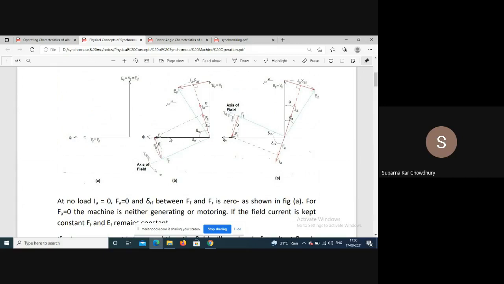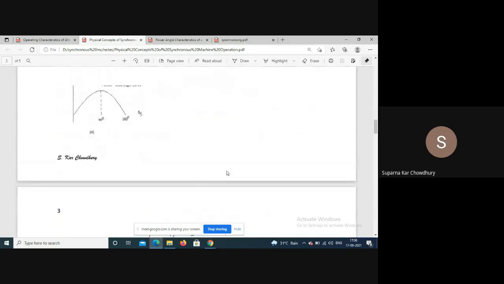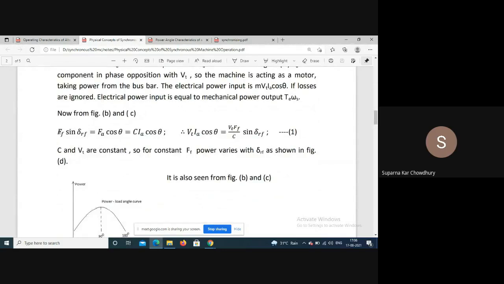And if we consider this horizontal component, this is FR. FR is equal to FF cos del RF plus FA sin theta. So one equation is that FF sin del RF is equal to C Ia cos theta. From here, Ia cos theta will be FF by C sin del RF.